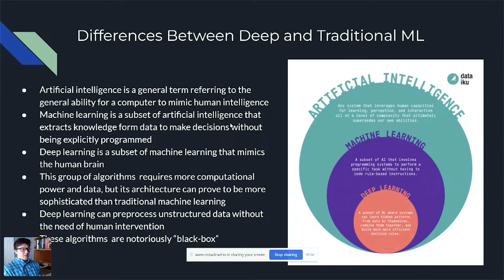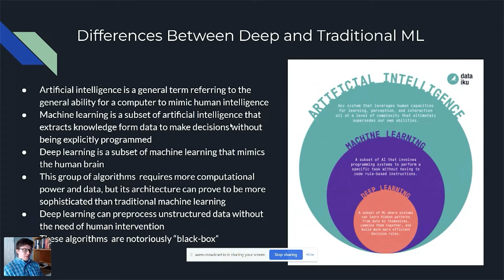Machine learning is a subset of that category that essentially extracts decisions from data without the necessity of being explicitly programmed. And within machine learning, we have deep learning, which mimics the human brain in its architecture.